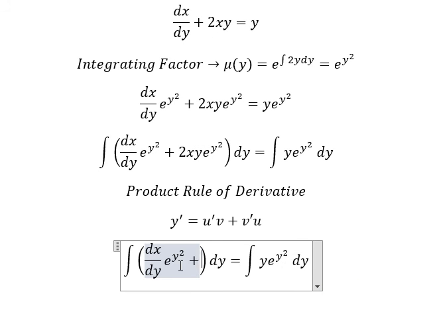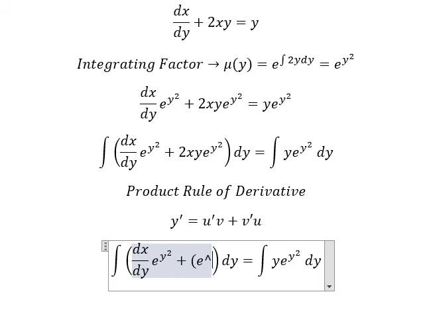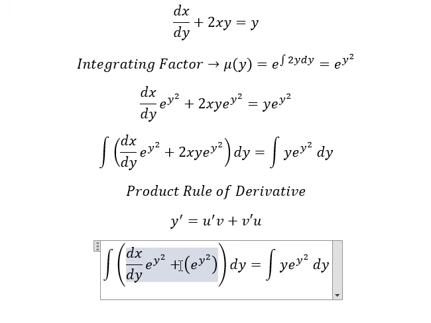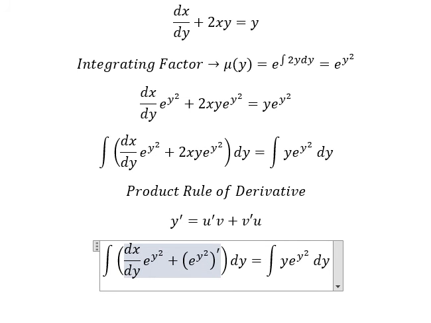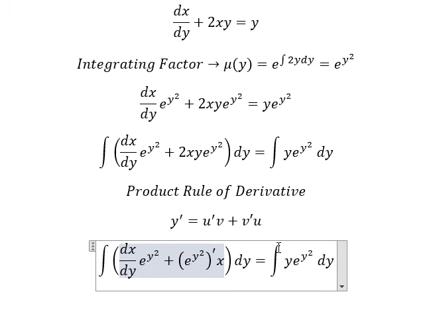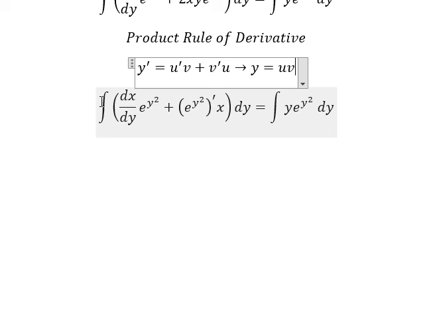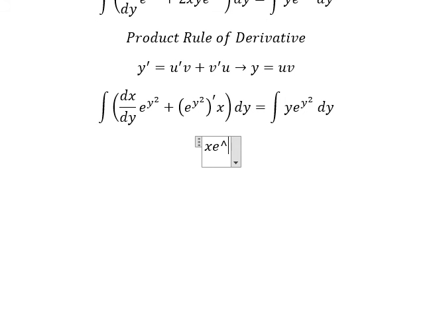That's about first derivative of e to the power of y squared in here, multiplied by s. So the integration of this one, you got about uv. That means the integration of this one, we have s e to the power of y squared.